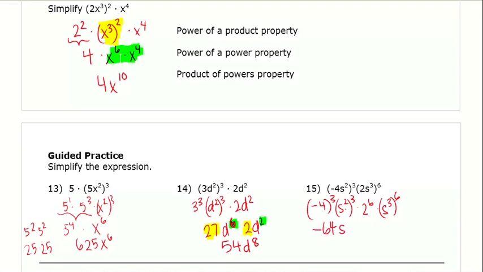Okay, s squared cubed would be s to the 6th. 2 to the 6th power, well, 2 times 2 is 4, another 2 is 8, another 2 is 16, another 2 is 32, and another one should be 64. S to the 18th.